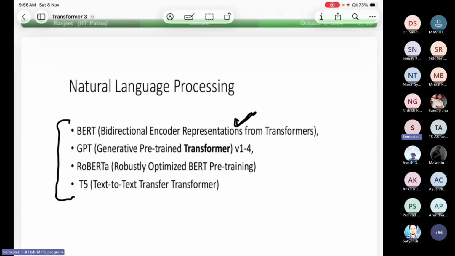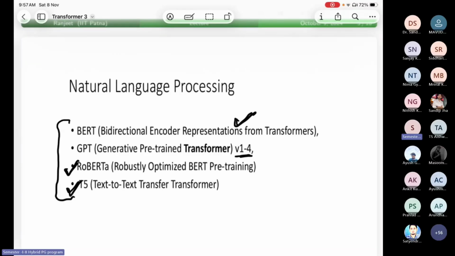GPT has versions 1 to 4; nowadays maybe there is a version 5, but when these slides were made, the version was up to 4. Then we have RoBERTa, that is Robustly Optimized BERT Pre-training, again one variant of the transformer. Then we have T5, that is Text-to-Text Transformer.